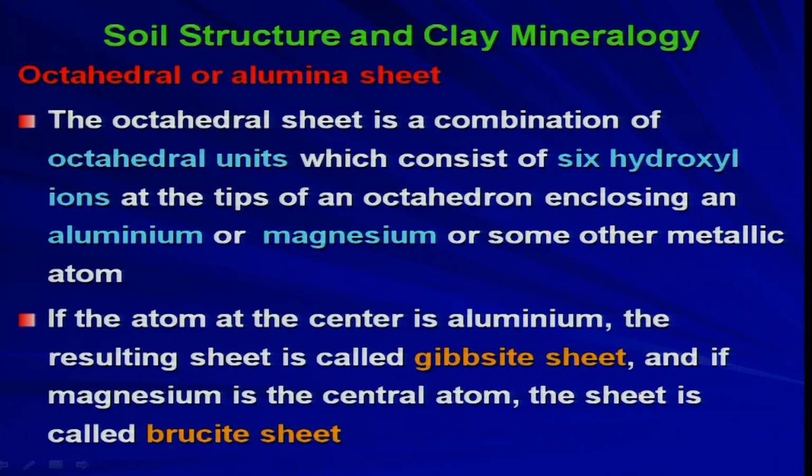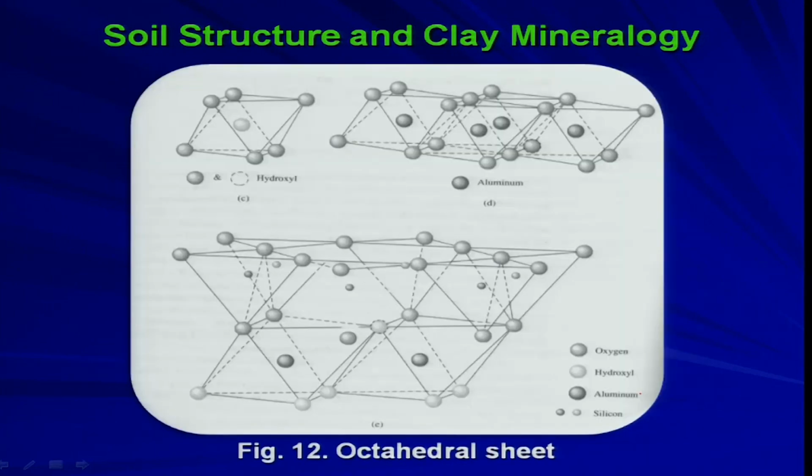Now, if the atom at the center is aluminum, the resulting sheet is known as the Gibbsite sheet, and if magnesium is the central atom, then the sheet is called the brucite sheet. So, if I say Gibbsite sheet, that means this is the octahedral or alumina sheet which contains aluminum inside. If I say brucite sheet, that means this sheet contains magnesium inside.